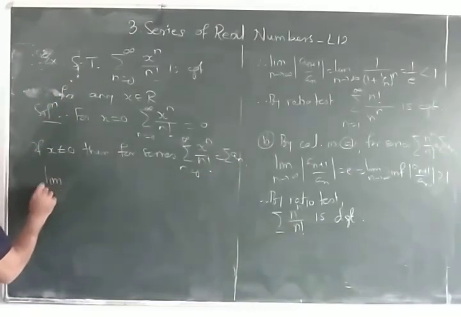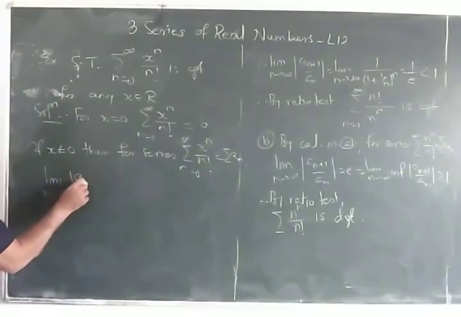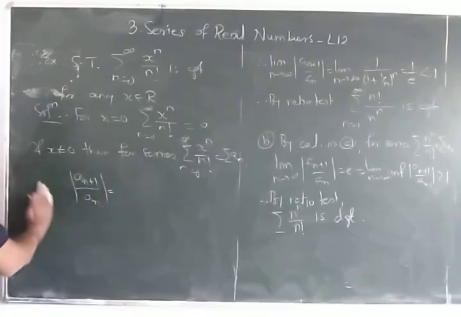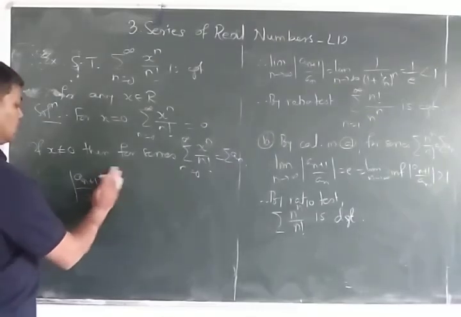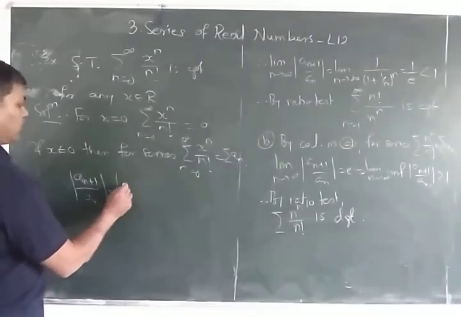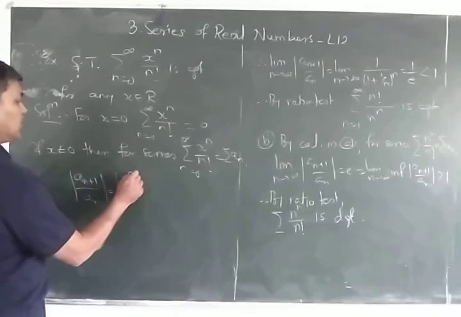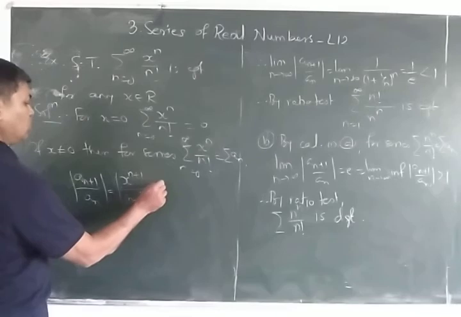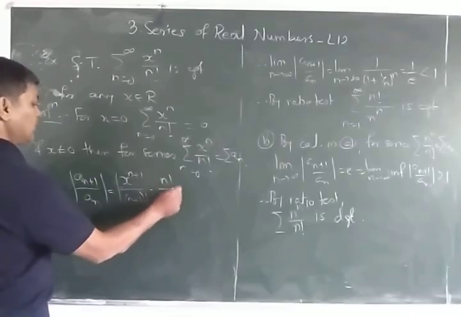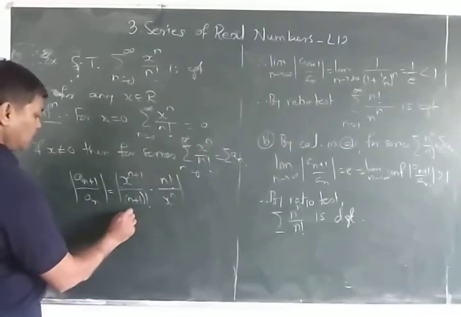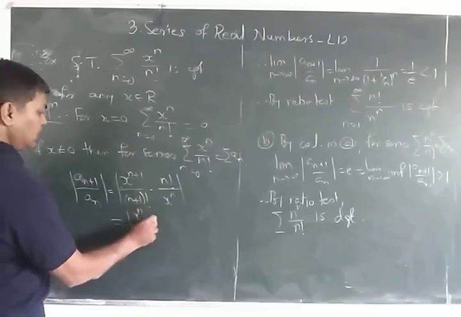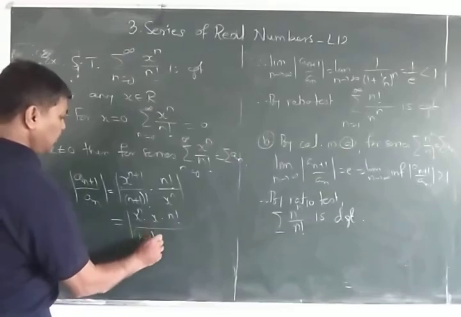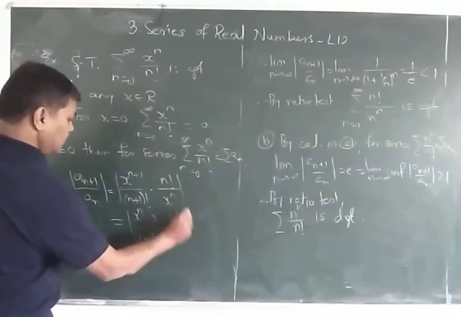Limit n tends to infinity of mod of a n plus 1 upon an: firstly, mod of x raised to n plus 1 upon n plus 1 factorial into n factorial upon x raised to n, which is equal to mod of x raised to n into x into n factorial upon n plus 1 into n factorial into x raised to n.